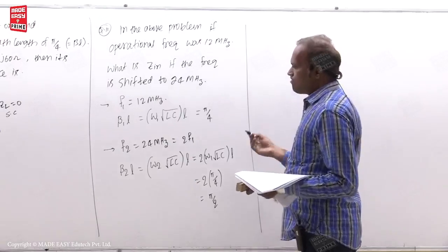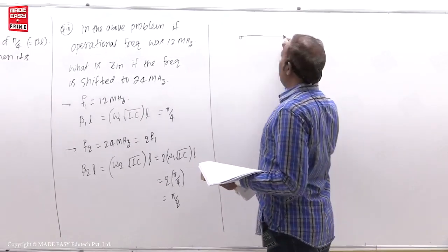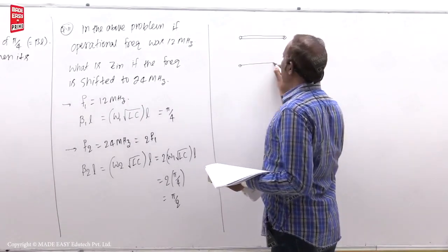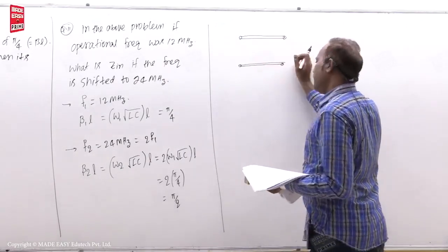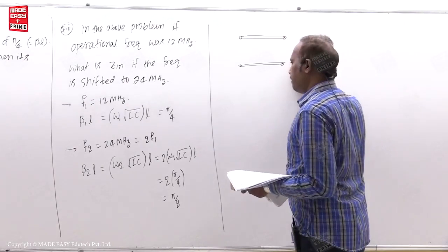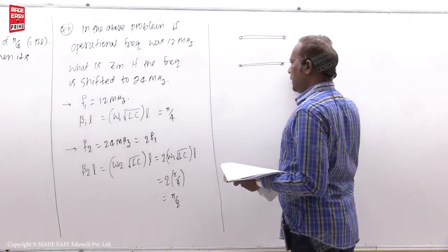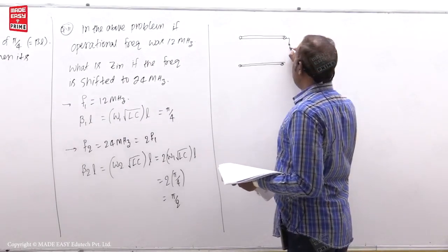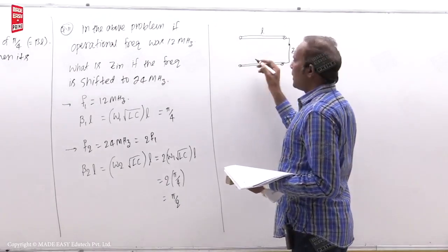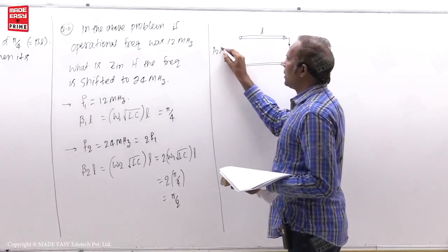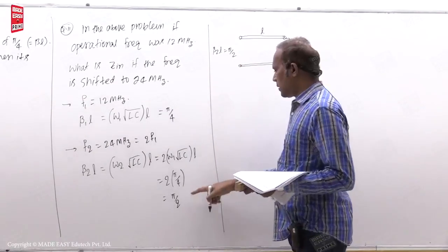Now the question is like this: short circuited load, same length, frequency of operation doubled, for this question β2 L is π/2.